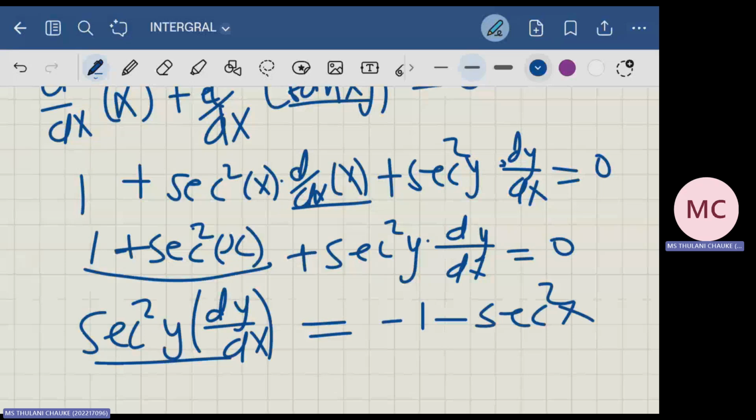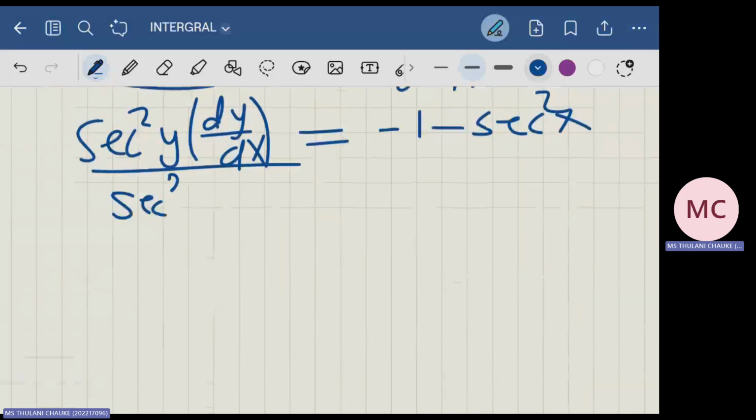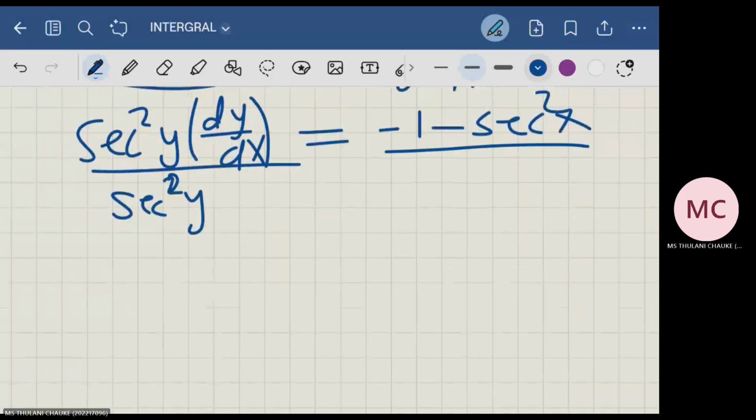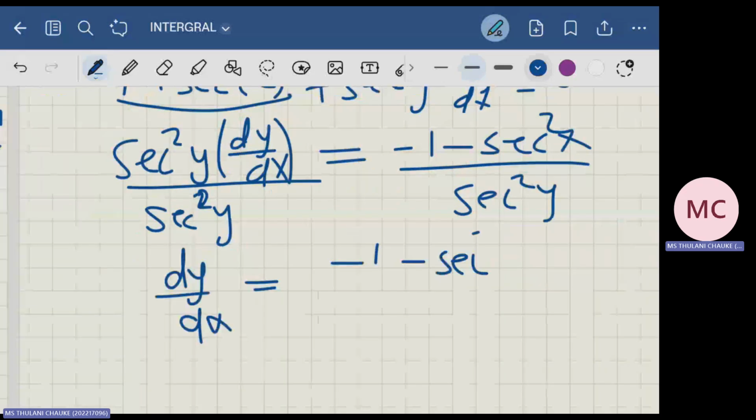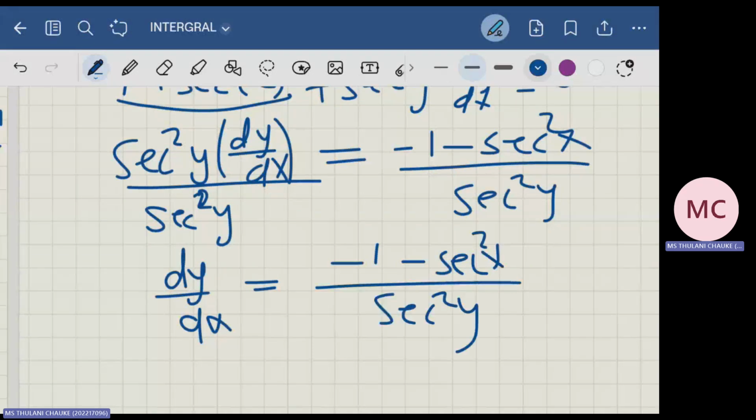Then I divide both sides by sec squared y. And then I'll be left with dy over dx being equal to negative 1 minus sec squared x over sec squared y. So that's it on this one.